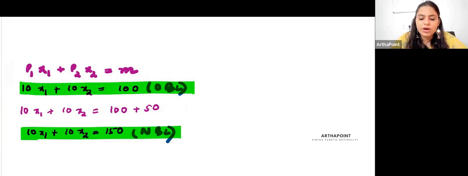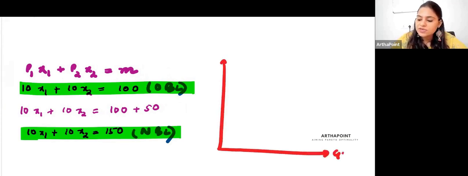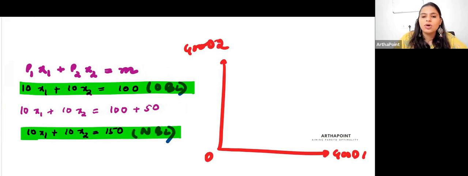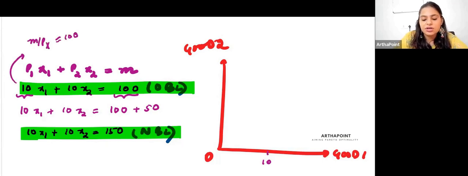Just plot them. How do you plot it? We know that if this is good 1 here and good 2 here, on the x-axis I have M by PX. So M is 100 by 10 is 10.